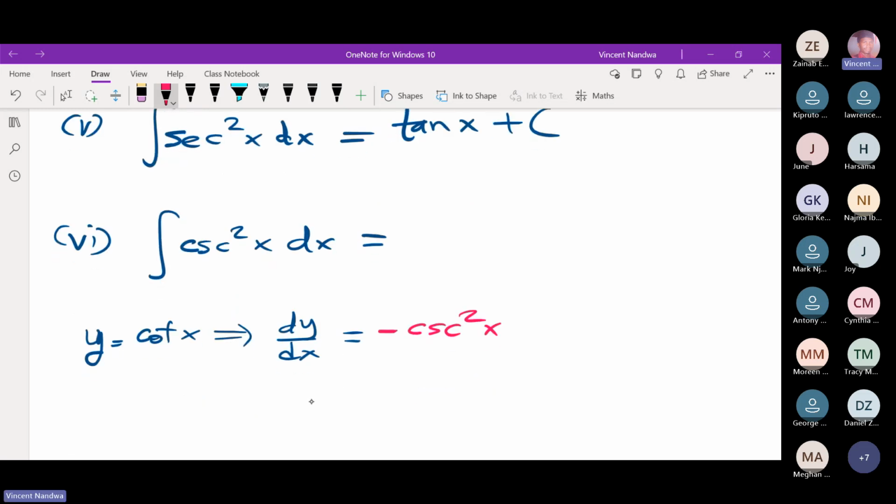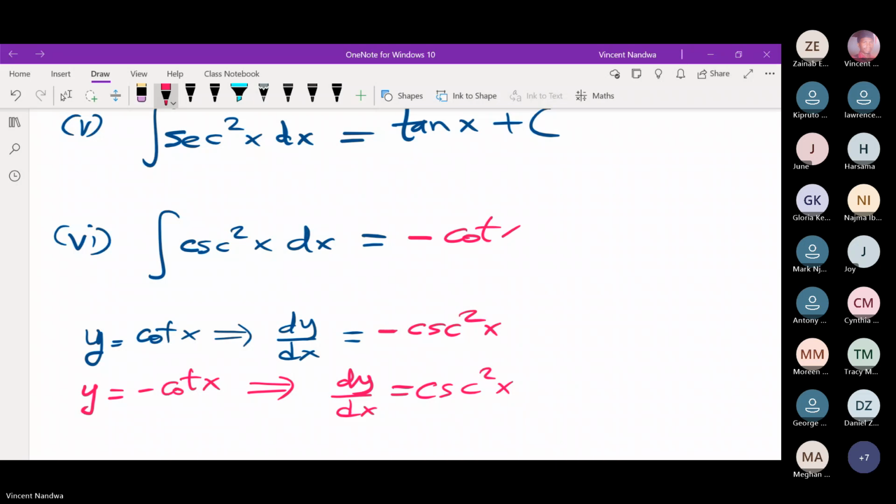Which means if I negate this function, y equals negative cot x, then dy/dx will be cosec squared x, positive cosec squared. So when we are asked to evaluate the integral of cosec squared x dx, which is the same as finding a function whose derivative is cosec squared x, that function must be negative cot x. So this is negative cot x plus c.